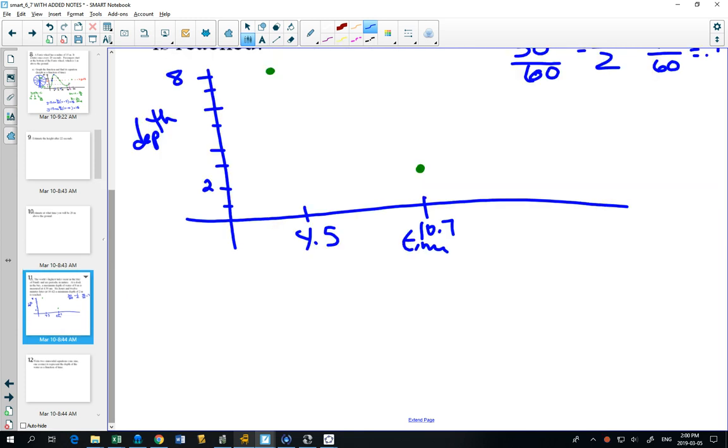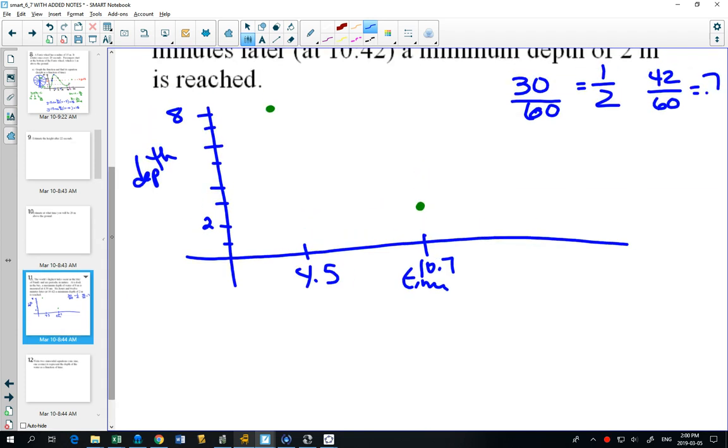When is it going to be at 8 meters again? Boy, my line is really not very straight today. Do we agree this same distance, it's going to be back at 8 meters again? How do I figure out that this is going to be 16.9?